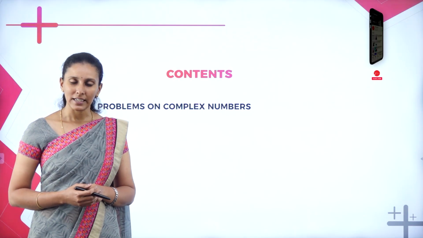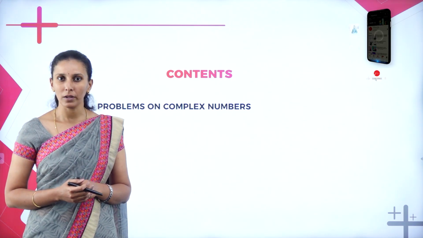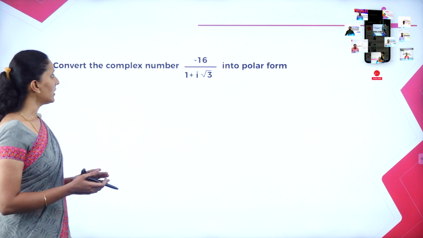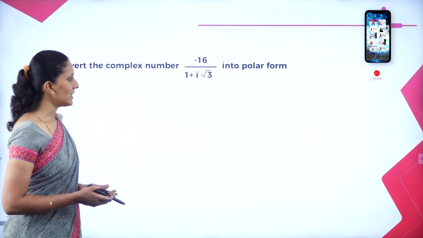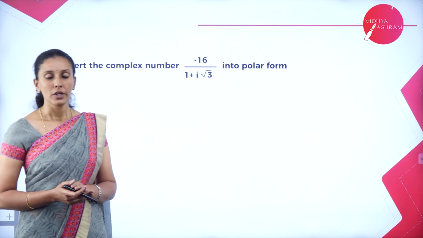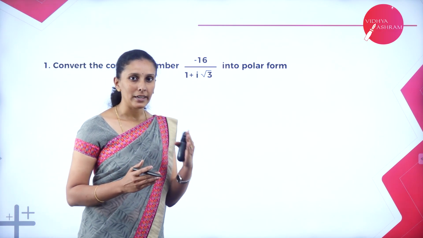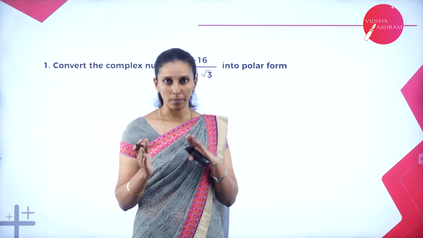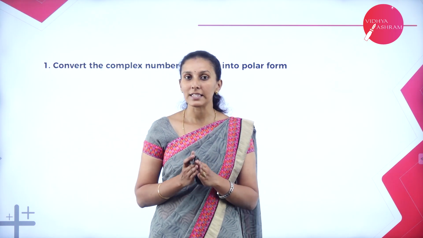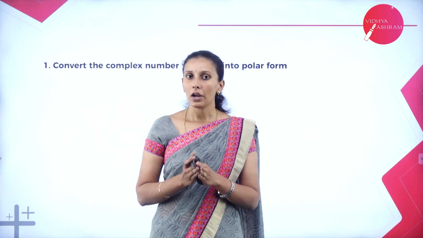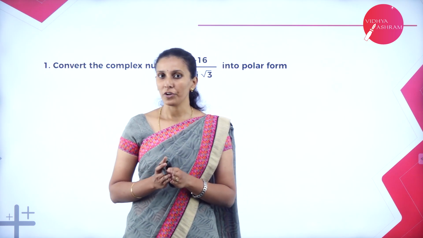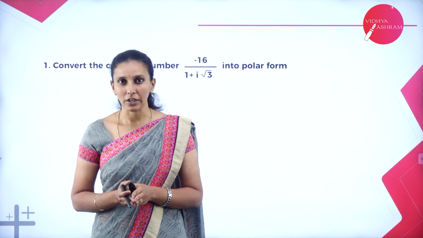So here in this session, let us continue the problem of complex numbers. Convert the complex number minus 16 over 1 plus i root 3 into polar form. We know that we can convert the algebraic form of a complex number x plus iy to the polar form z is equal to r (cos theta plus i sin theta) by finding the modulus and argument of a given complex number.